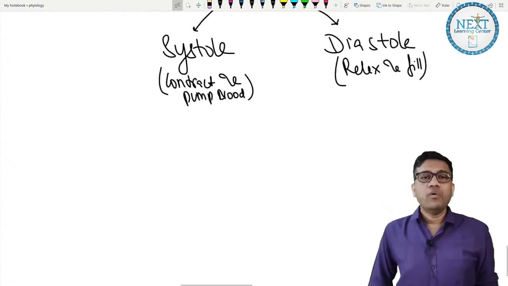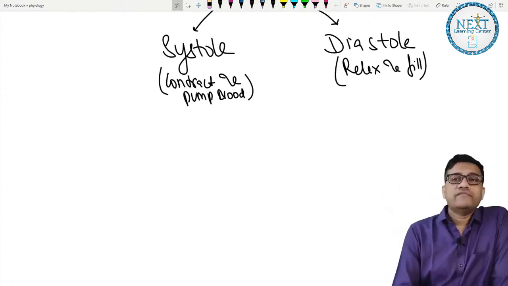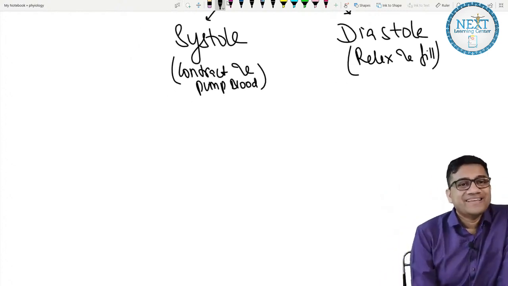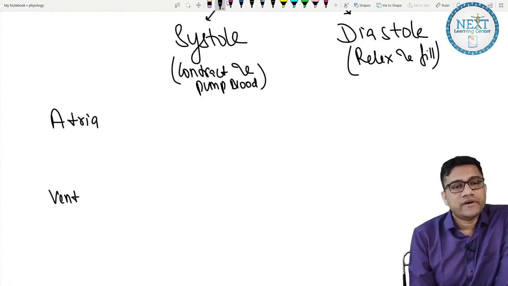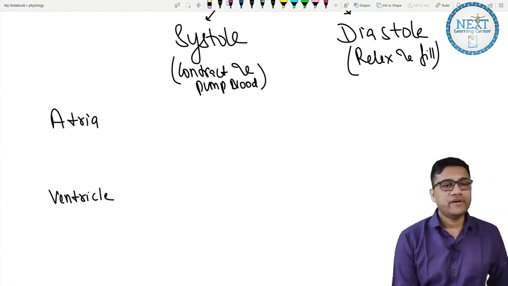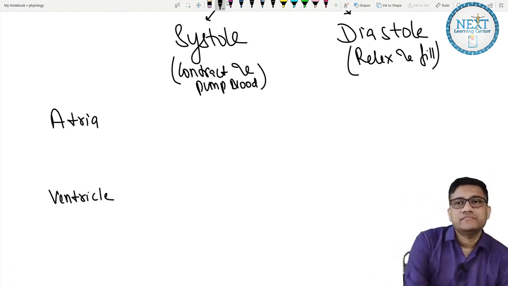Okay, now what is the duration of systole and diastole? Let's see. This is atria and this is ventricle. So atria and ventricle. Okay, so we'll start.